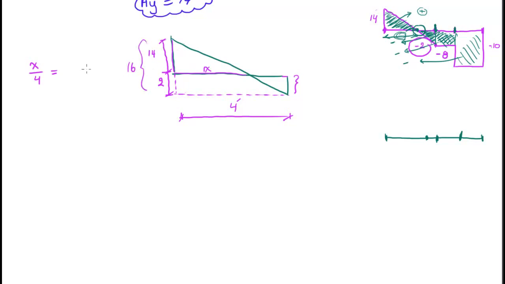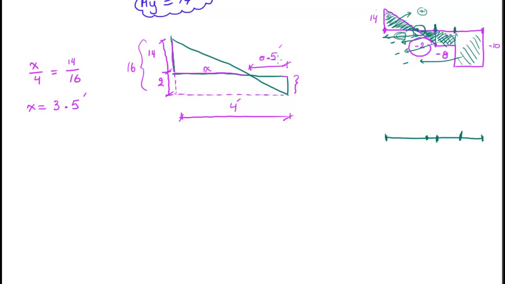So it's going to be 14 over 16. That's from similar triangles. We solve for x, and it's going to be 3.5 feet, and this one is going to be just half a foot. So we know all the lengths now.